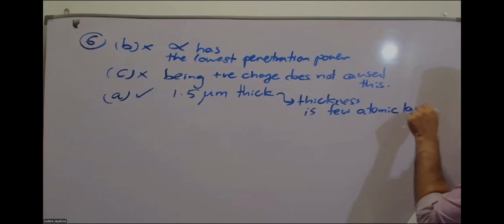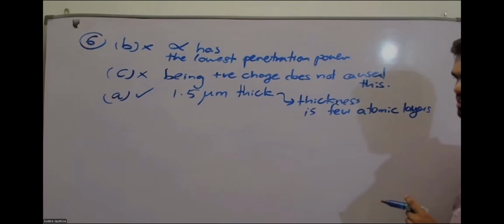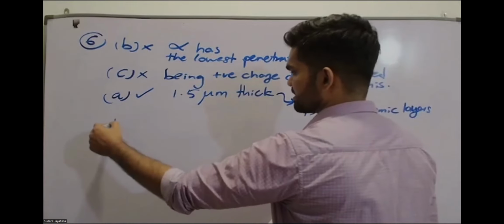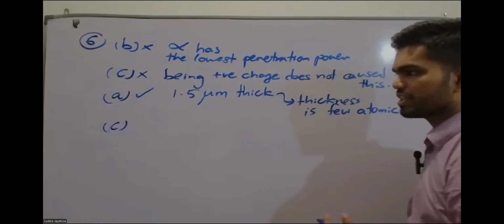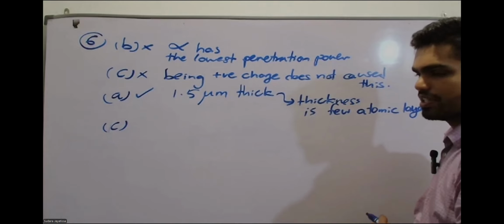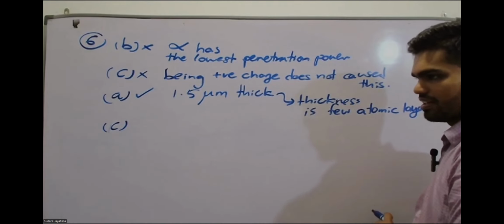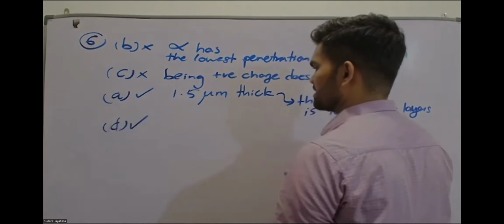So that's why penetrating the Goldfoil was very easy. That's one reason. So they expected the majority to penetrate, but interestingly, a few of them did not penetrate due to the nucleus. Okay, so D is also correct.